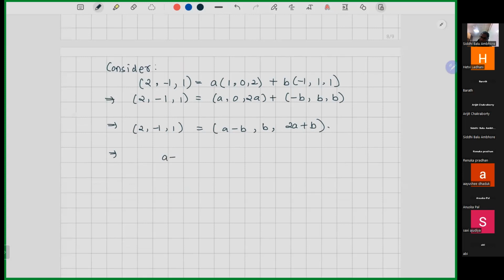This gives me: a - b is 2, b is -1, and 2a + b is 1. So from this we arrived at this. We want to check whether there exist a and b such that they satisfy this linear system or not.